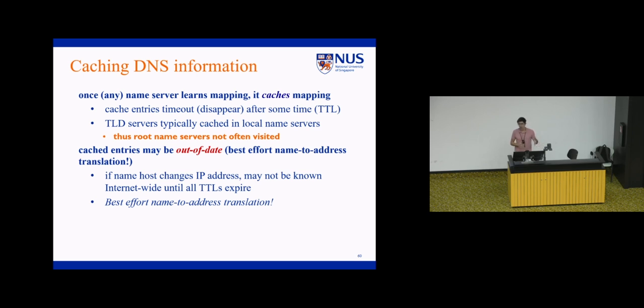But of course, the actual IP might have changed, or the original DNS record might have changed before even TTL expires. In that case, it will send a stale response, and the name cannot be resolved. Well, after all, this is just a best effort service. There is no guarantee that the DNS response will be correct.